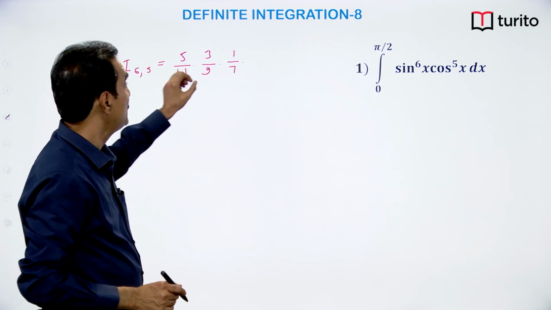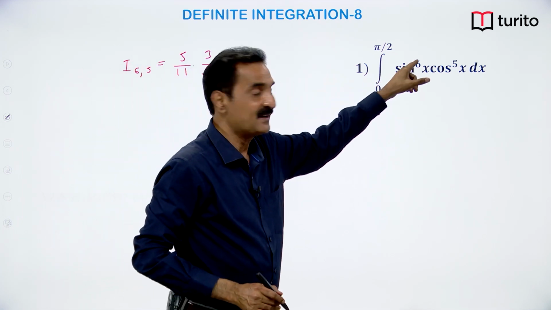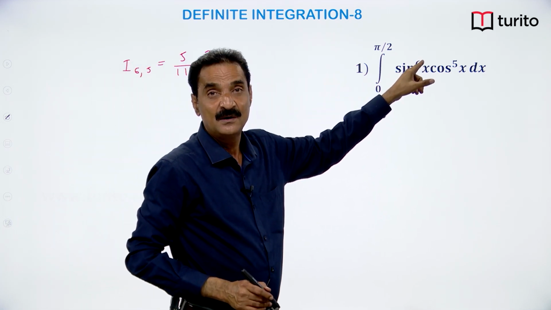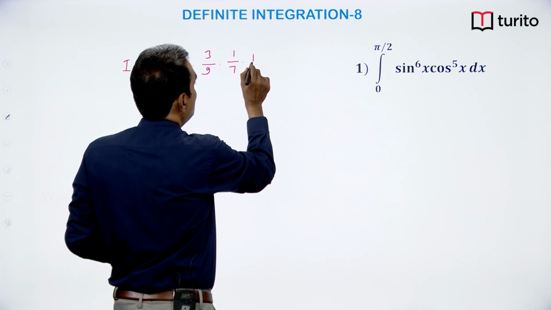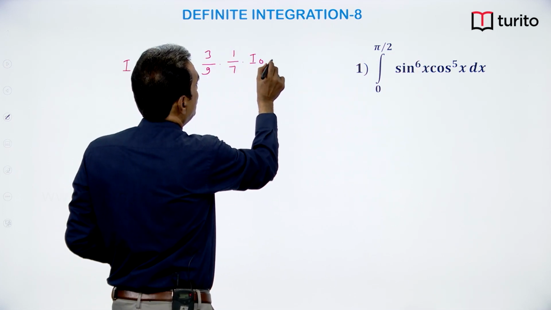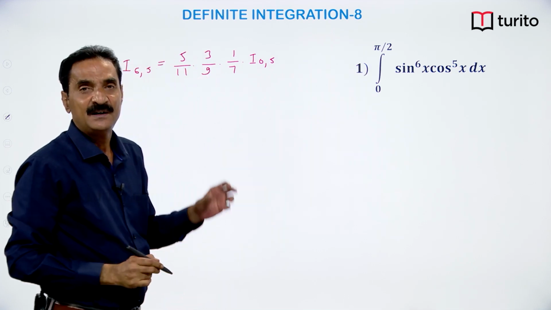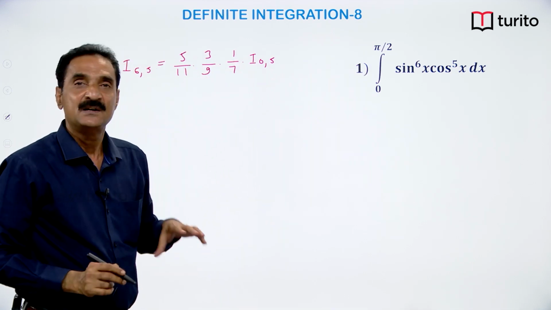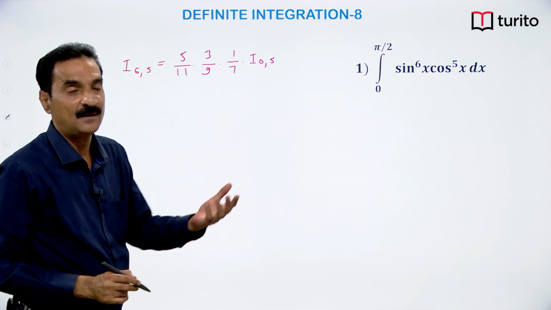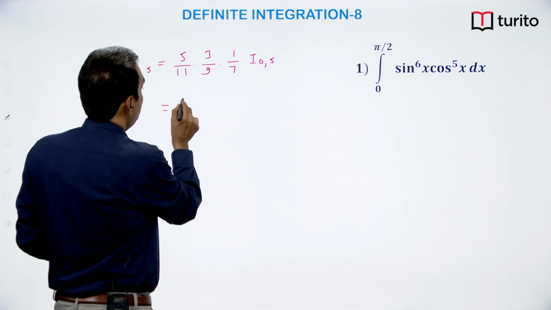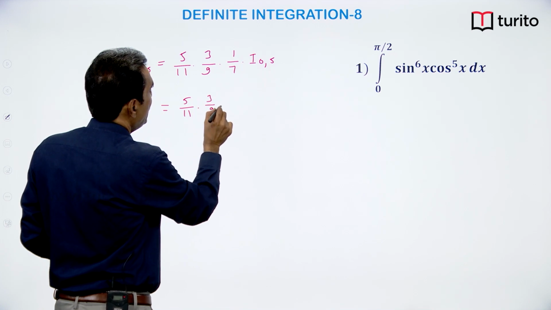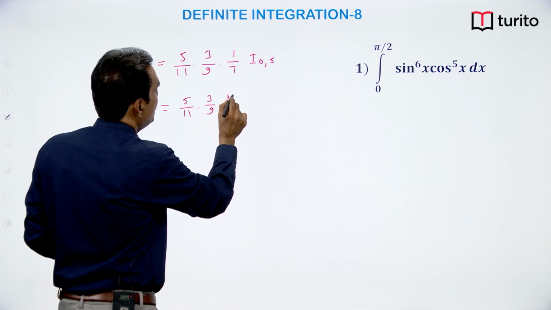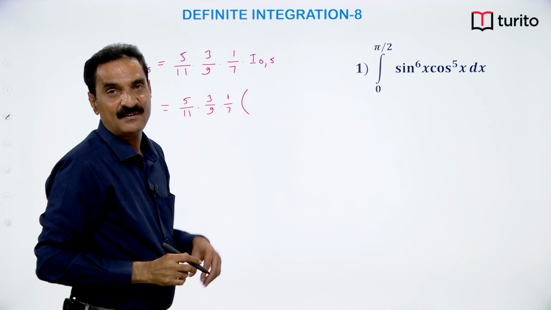So the next term is the last term. What is the last term? Here m is even. So you will get I 0 comma n, so you will get I 0 comma 5. It is nothing but I 5. So I am using the previous formula. 5 by 11 into 3 by 9 into 1 by 7 into, what is the value of I 5?